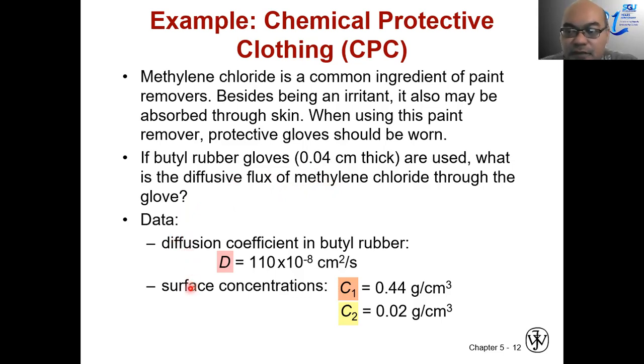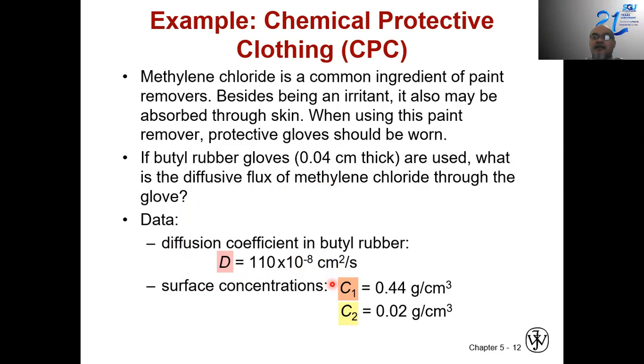The diffusion coefficient is given as 110 times 10 to the power of minus 8 centimeter squared per second, and the surface concentration is given: the concentration at the outer layer of the glove, C1, is 0.44 gram per cubic centimeter.